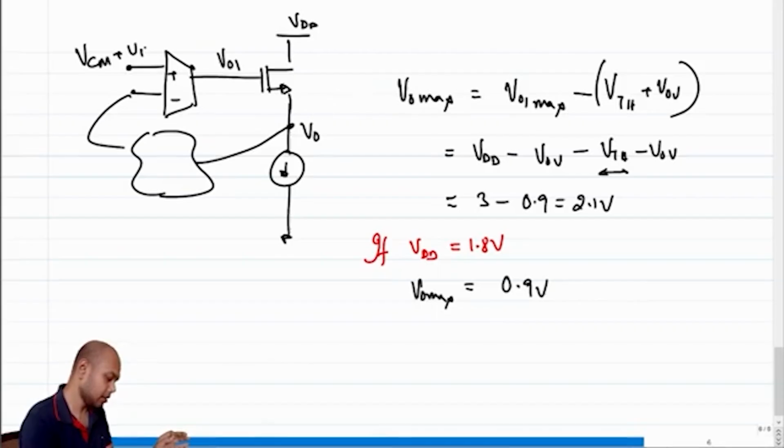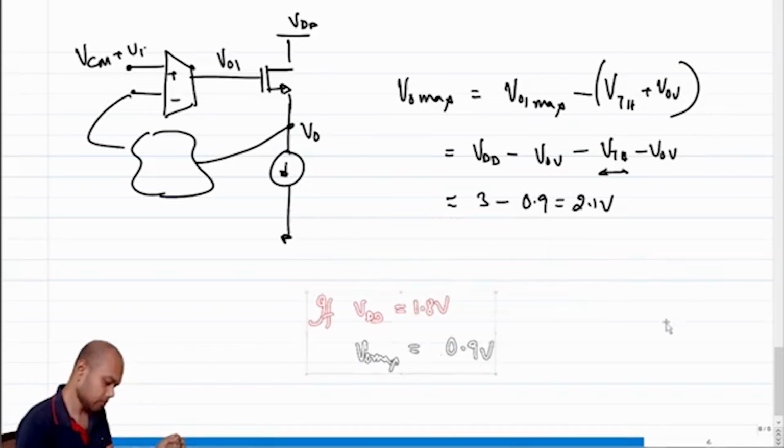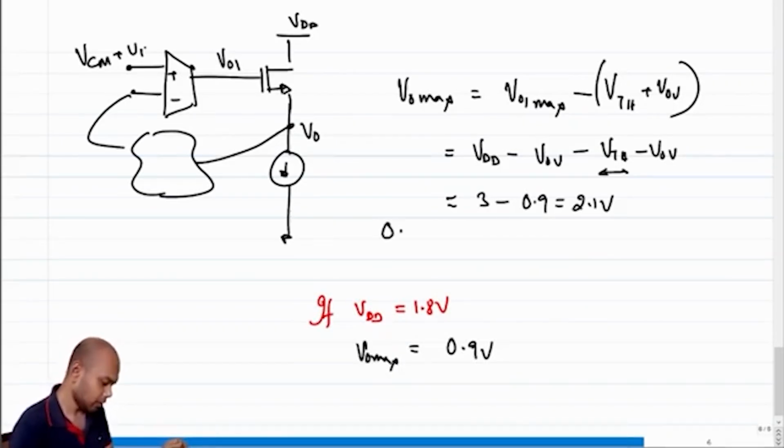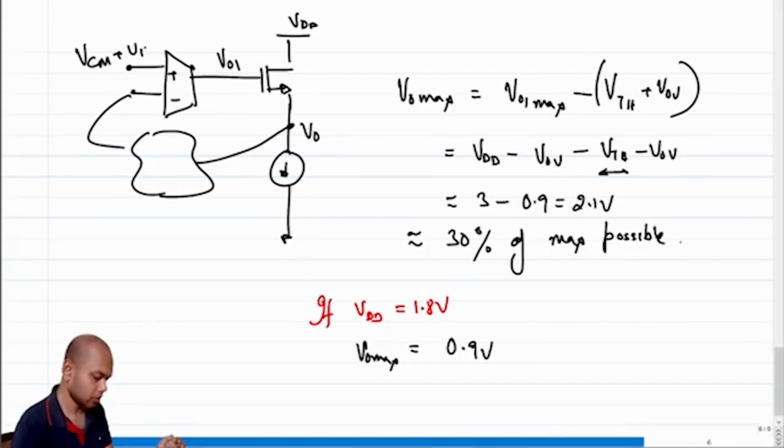So what I am essentially saying is that this voltage, 0.9 by 3 volt, this ratio, right, or approximately 1 by 3, or rather I can simply say that approximately 30% of max possible swing is lost, or 33%, right? 33% of the max possible swing is lost due to biasing.